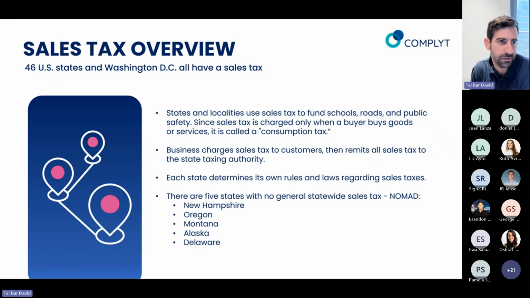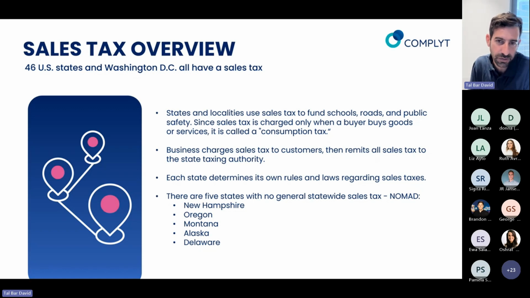Basically 46 states plus Washington DC have enacted sales tax rules, and this is a consumption tax that is going to finance all the infrastructure or whatever things the state wants to pay for. So it's a financial engine for the states, and this is why it's very important for them.